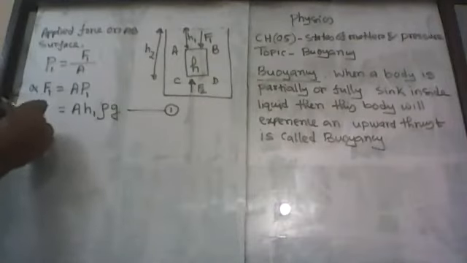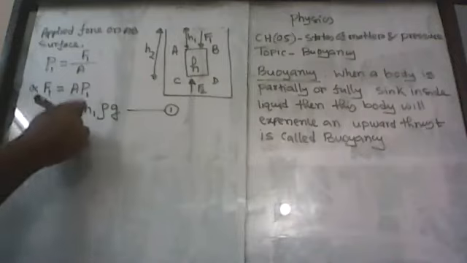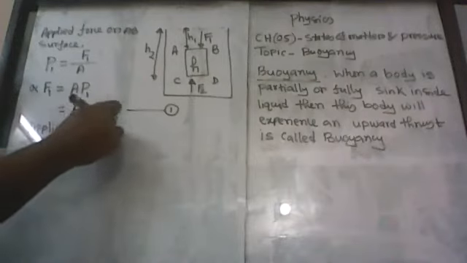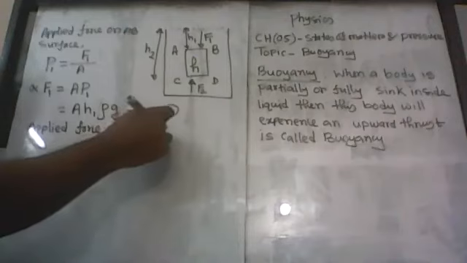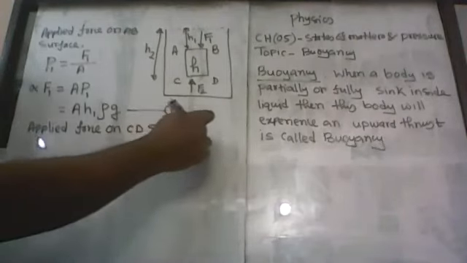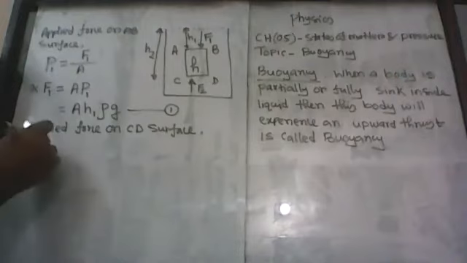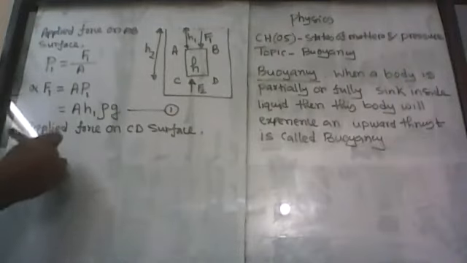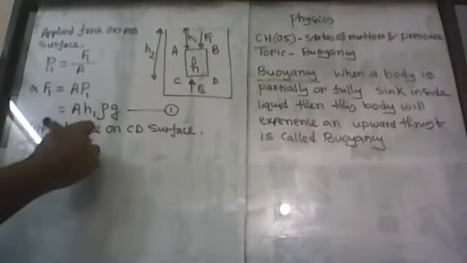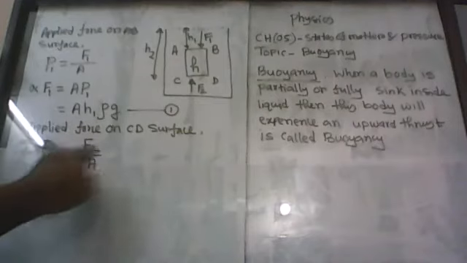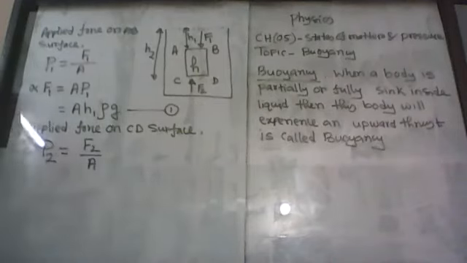You know that the applied force on the CD surface, P2, will equal force F2 divided by A. The area of cross section remains the same because I'm taking a body having a cylindrical shape.